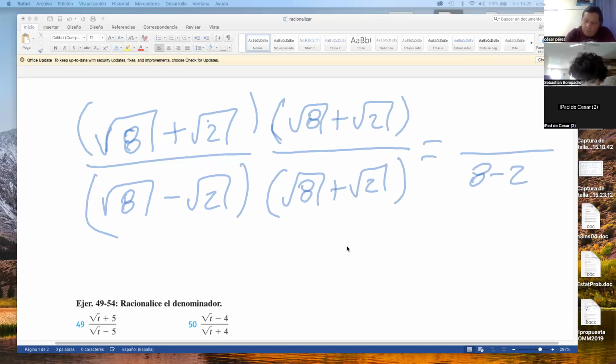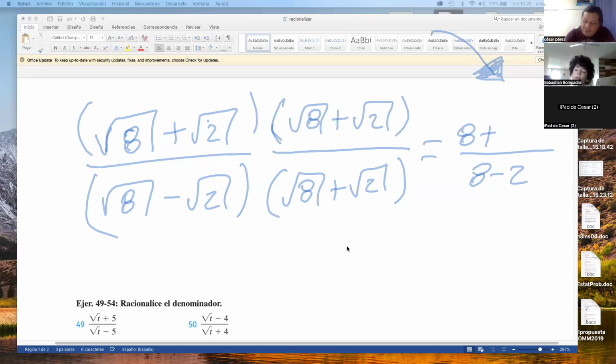And what do we get here? For me, I got 8 plus 8 plus 2. 8 plus 2 times the square root of 16 plus 2. Okay, yes, I made a mistake because I put here a minus sign.